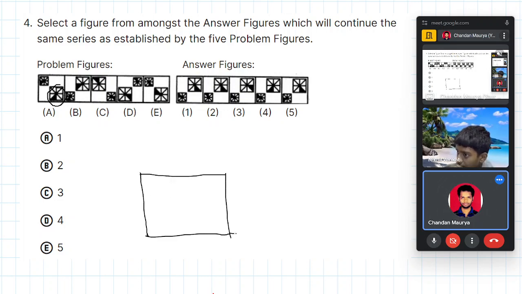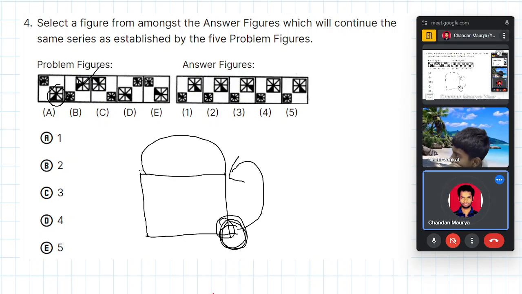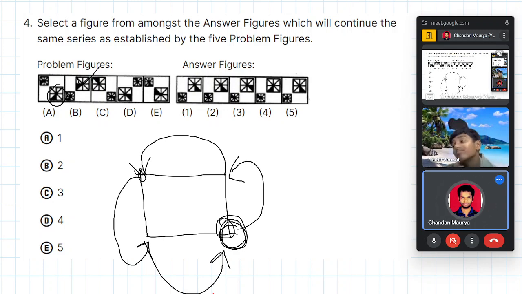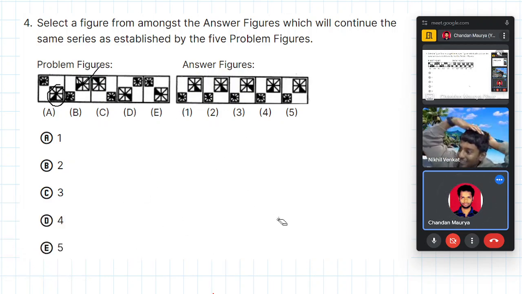The bigger box was here, then it went here. It is working here. Then it went here. Then it went here. After that, it went here. Now I want at the top right position. All are having at the top right position. And this is a blunder. Now we will have to find some other logic.